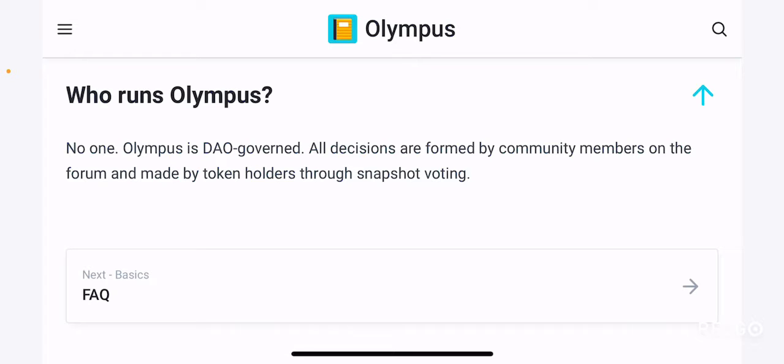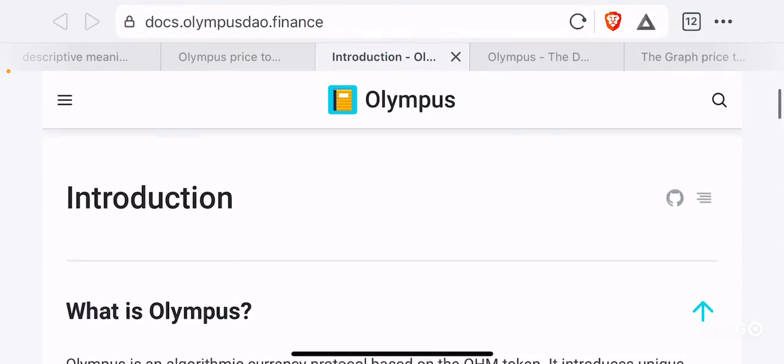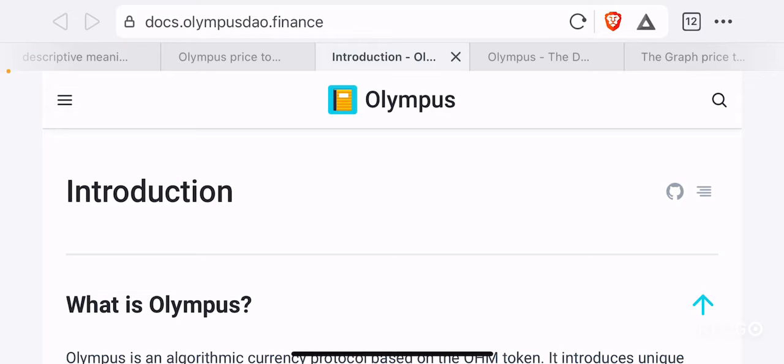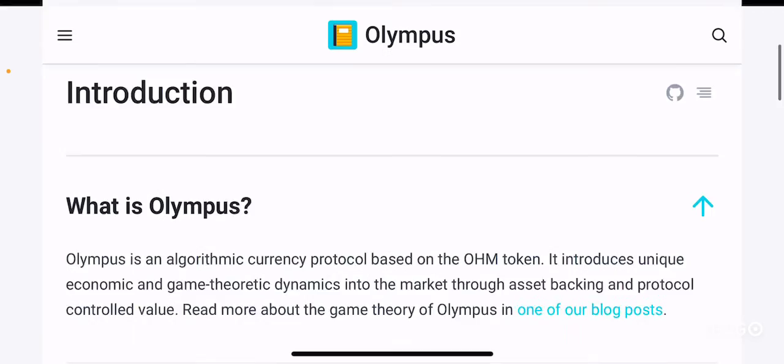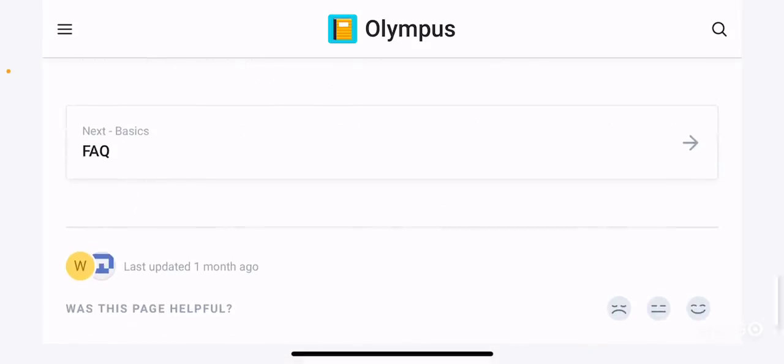All decisions are formed by community members on the forum and made by token holders through Snapshot voting. So again, if you have Ohm token, you will get access to their community Discord, where you can participate in governance, and that will be voted on via Snapshot, and depending on how many votes a particular proposal is getting, the majority of the voters will have their say fulfilled in the platform, and therefore making it a DAO, right?